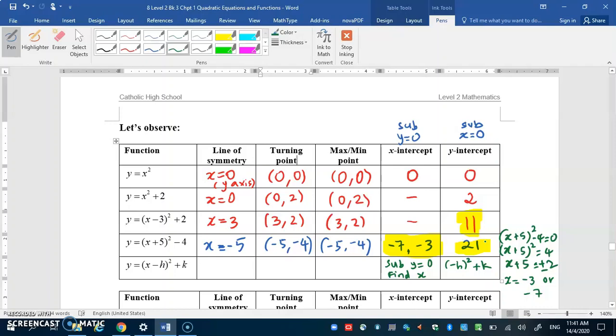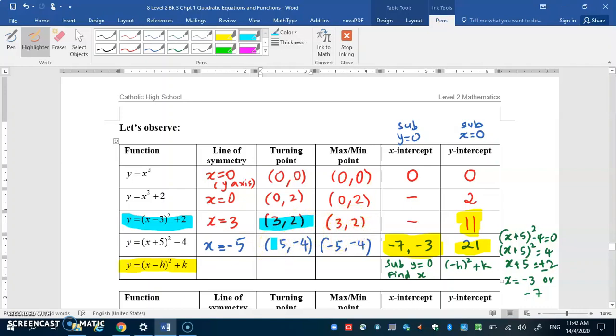Now the most important thing from this completed square form, right? This is the completed square form. The most important thing that we can find from this easily is the turning point or the maximum point. Now I want you to observe what we did for the previous two graphs. If you look at y equals x minus 3 whole thing squared plus 2, your turning point was actually 3, 2, which is the same as the minimum point over here.